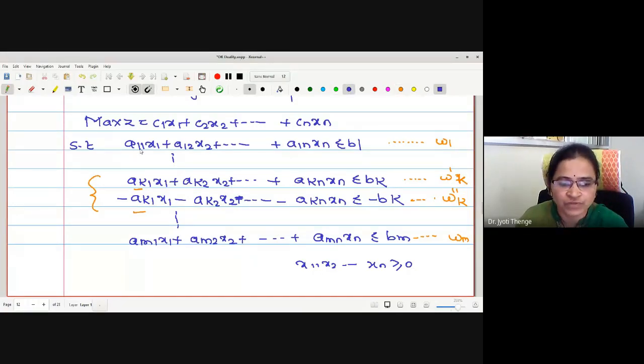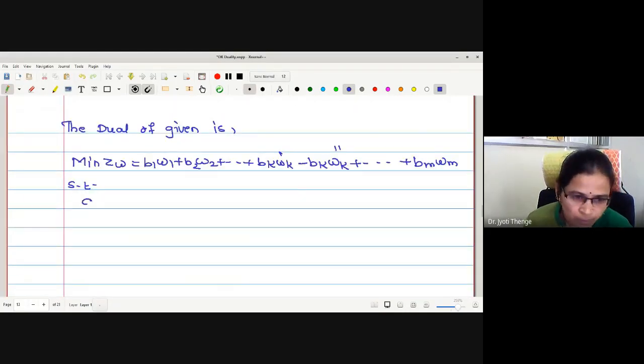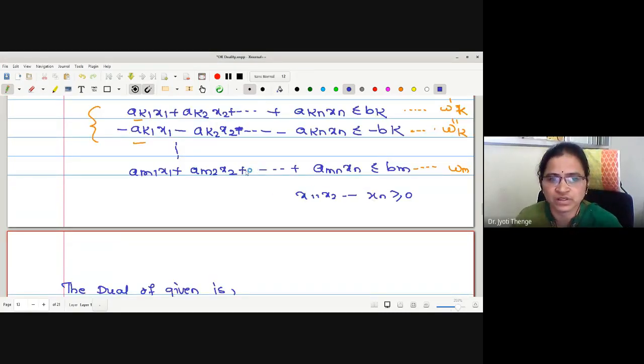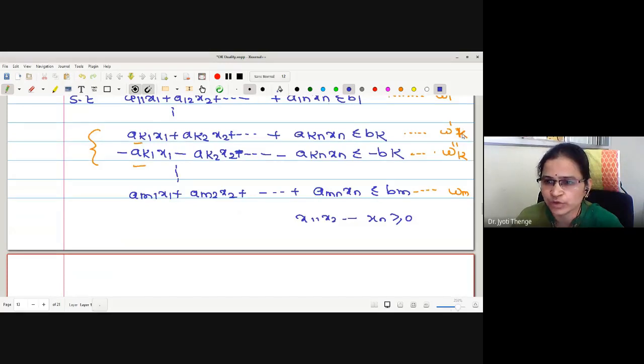First is a11 w1, a21 w2, for ak1 it is wk dash minus ak1 wk double dash. This sort of statement will be ak1 wk dash minus ak1 wk double dash.